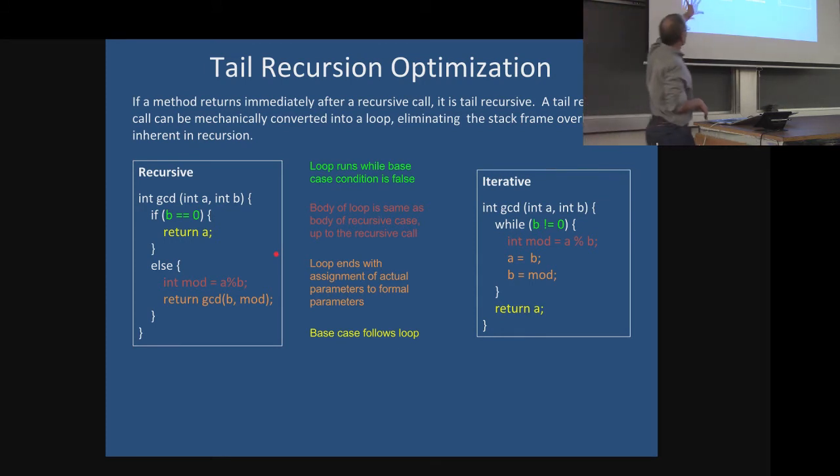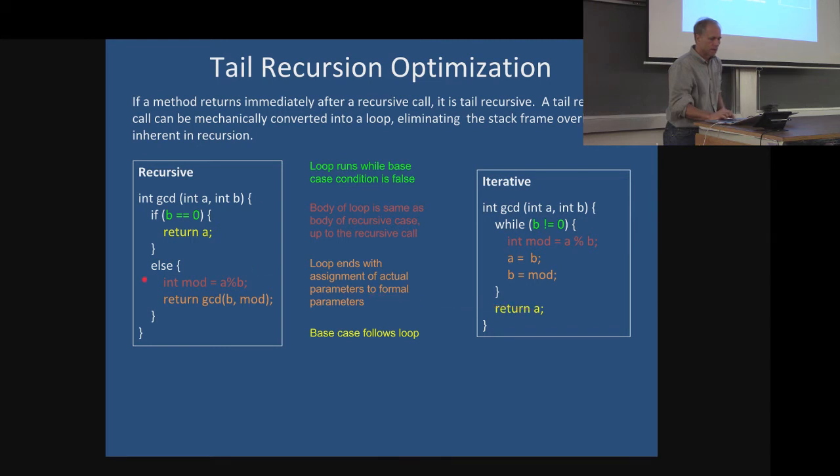So a compiler can mechanically turn this into this. And what we do is, this green thing here identifies the base case. So we negate the base case and make a while loop instead. Then whatever the base case returns, we copy it down below the while loop.